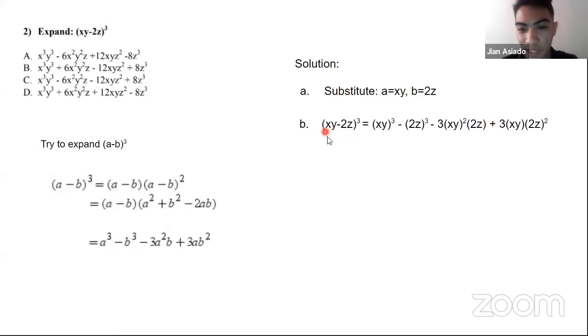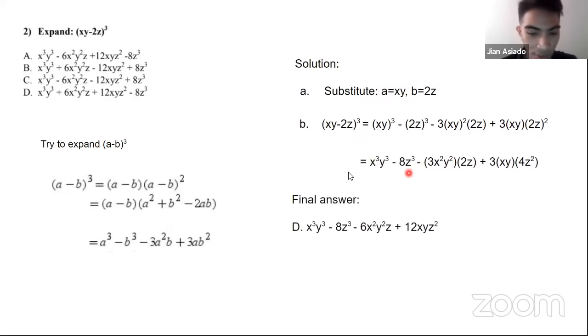Basically, that is your A minus B cubed. So, just substitute, and then simplify. Here we distribute, square x and y, and then square the last term too. And then we arrive at the final answer: x cubed y cubed minus 8z cubed, and so on.